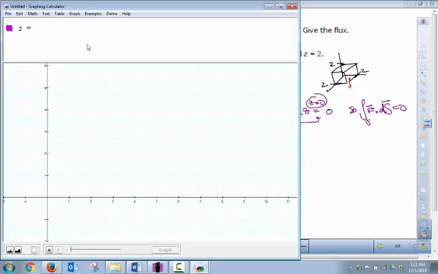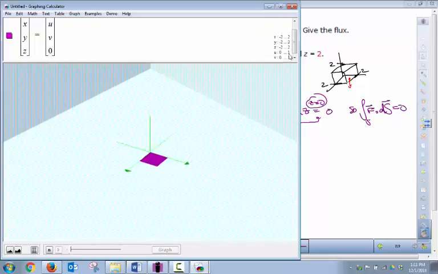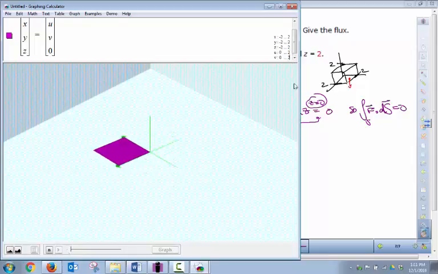So z is equal to 0, or u comma v comma 0, and then x goes from 0 to 2, and y goes from 0 to 2. So this is pretty much what we're looking for in the parameterization, right?